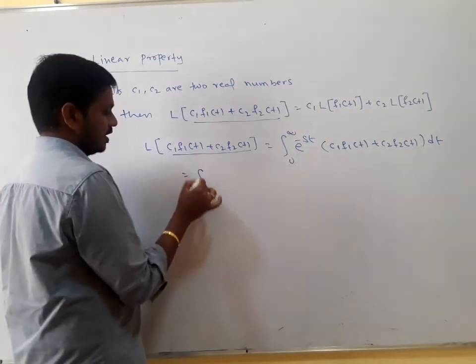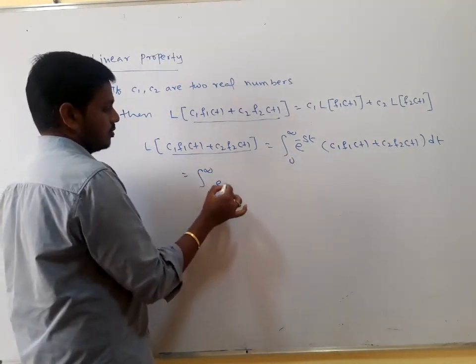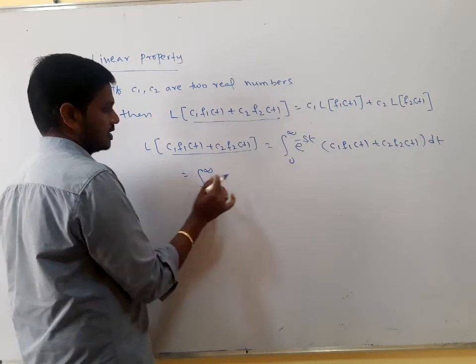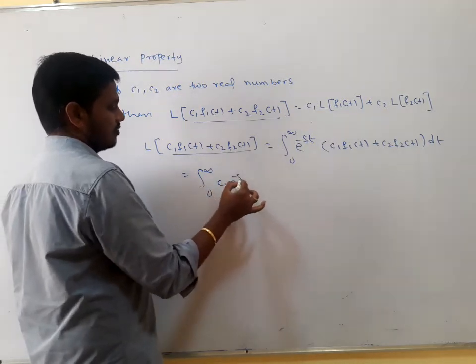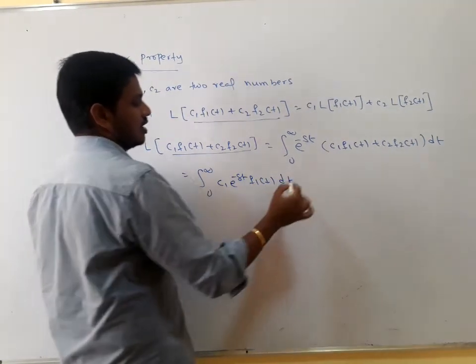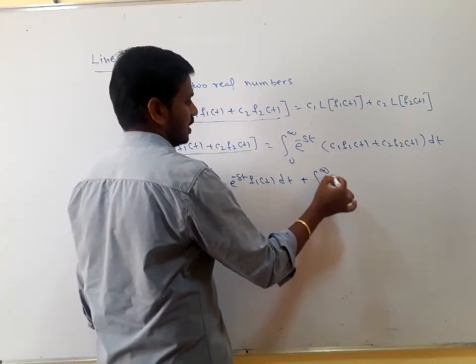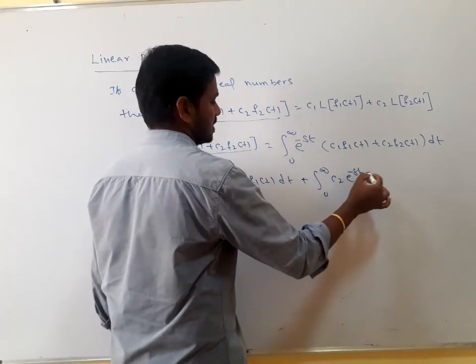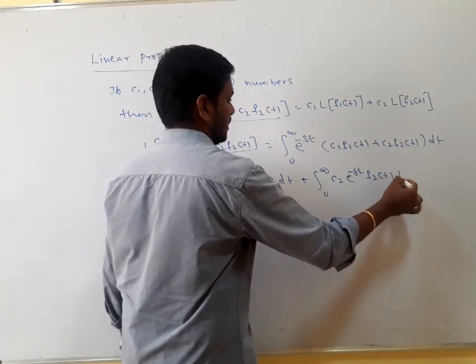So this can be written as the integral from 0 to infinity of c1, a constant, e to the power of minus st f1 of t dt, plus the integral from 0 to infinity of c2 e to the power of minus st f2 of t dt.